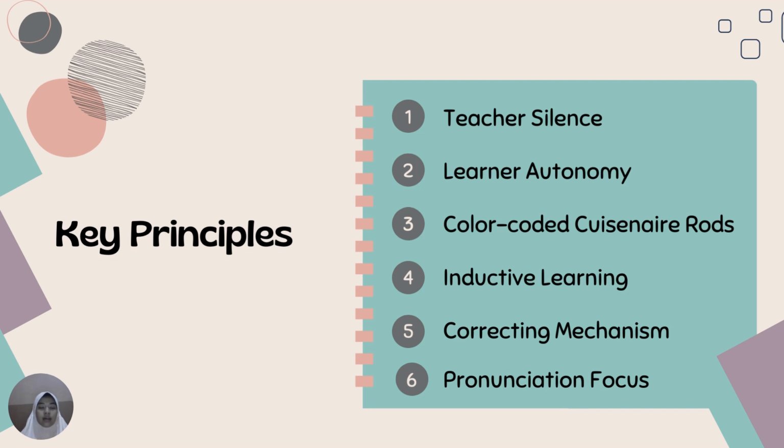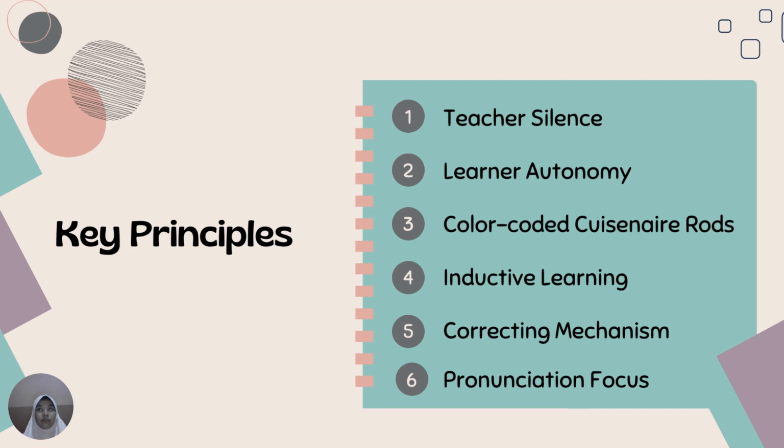And then the next is the correcting mechanism. When applying this method, the teacher gives a correction mechanism, while peer corrections and self corrections are also included in this method.